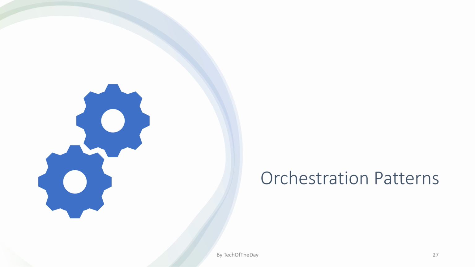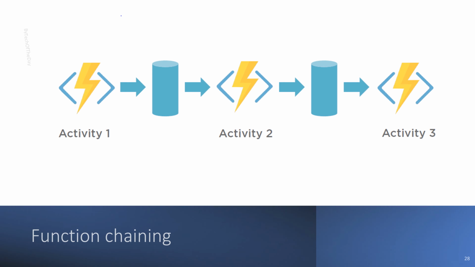Let's review some of the orchestration patterns that durable functions make possible. Function chaining is where we want to execute a sequence of activities and functions in a specified order. The orchestrator function keeps track of where we are in the sequence.